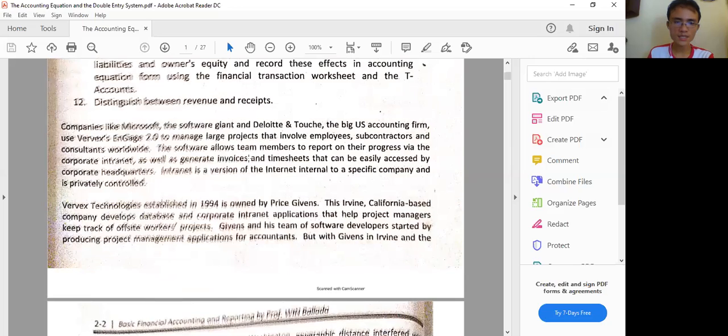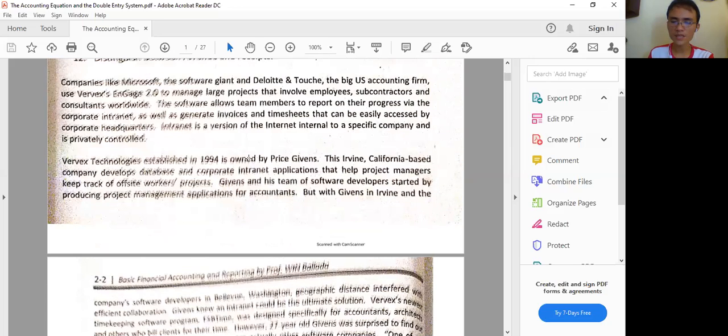Here is a case talking about companies like Microsoft, the software giant, and of course, a big US accounting firm, Deloitte and Touche, that uses Verbex Engage 2.0. This is software that manages large projects that involve employees, subcontractors, and consultants worldwide.